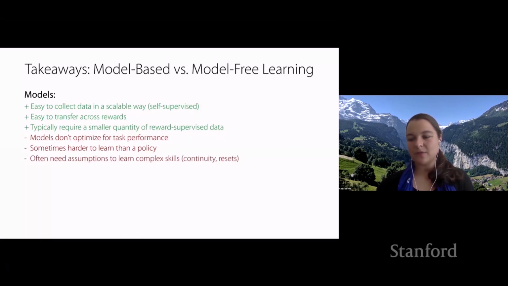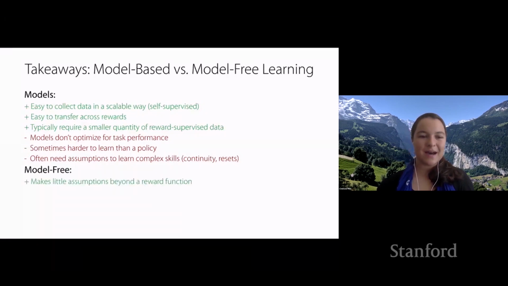And lastly, you often need some assumptions in order to learn more complex skills because you need to learn a model that is suitable for those more challenging interactions. For example, if you have a lot of harsh contact dynamics, then learning a model that can accurately predict the contact dynamics can be challenging.